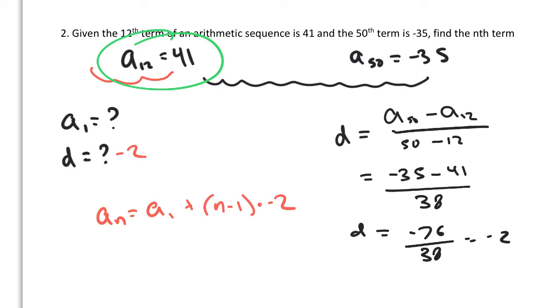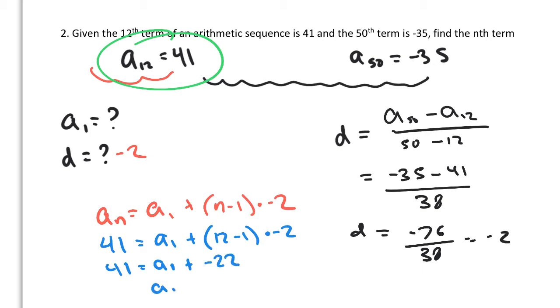So the term is 41 equals a sub 1 plus the n value is 12, and I can solve this out. 41 equals a1 plus, that'd be 11 times negative 2, which is negative 22. So we add 22, we get our first term is 63. So I can write my final answer as a sub n equals a sub 1, 63, plus n minus 1 times negative 2.